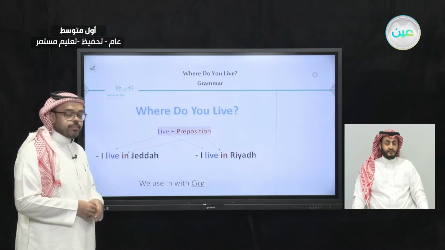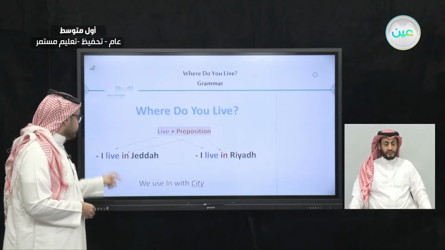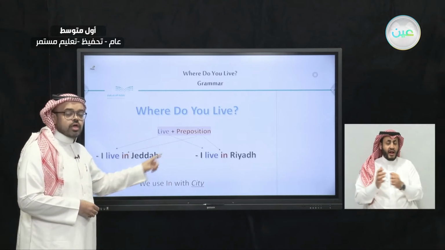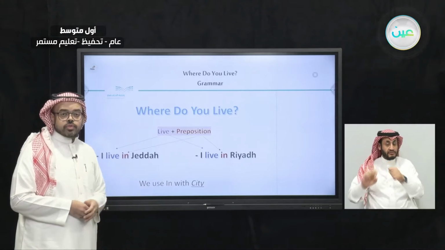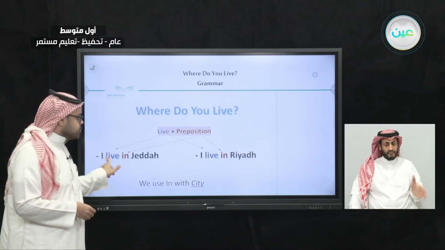So we can say, for example, I live in Jeddah, I live in Riyadh. So we use the preposition in with cities, and also not only with cities but also with neighborhoods. Let's see another preposition.